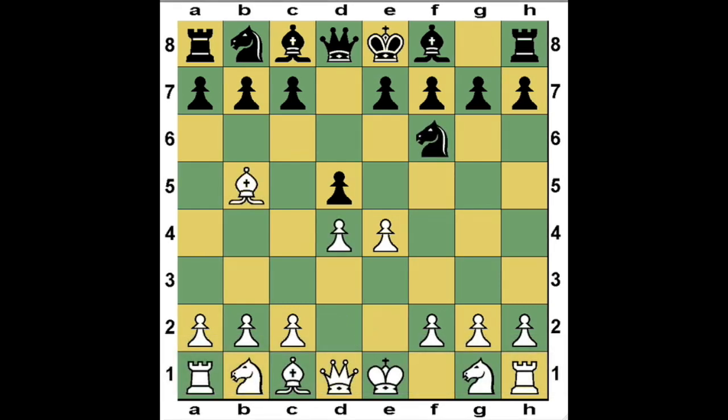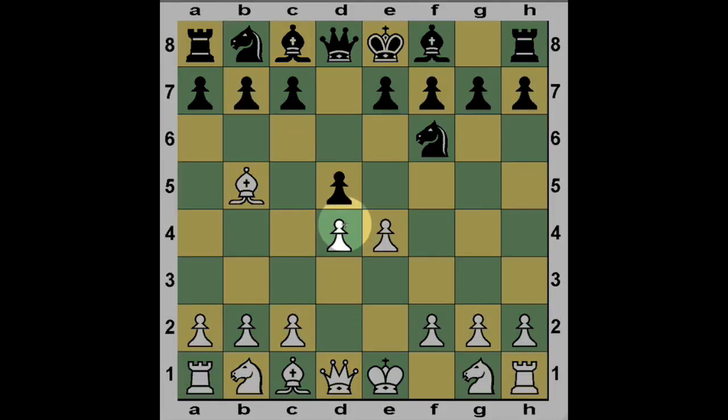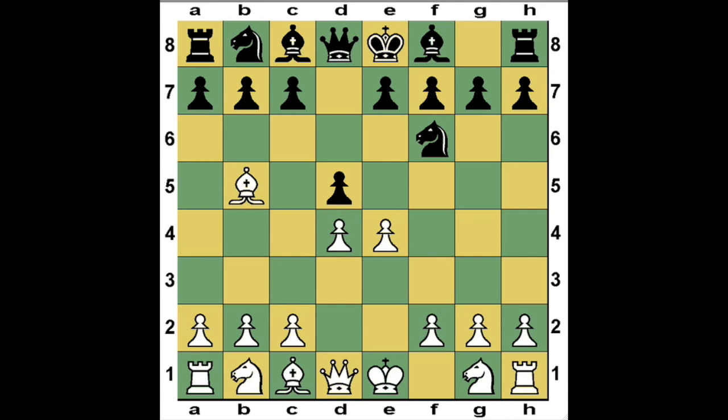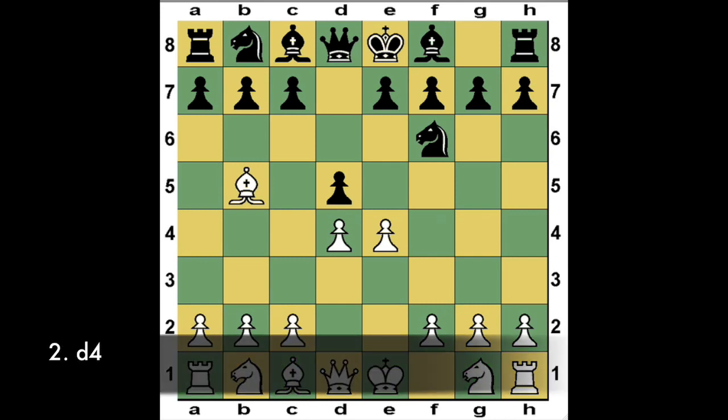Well, we've looked at how the pawn moves are noted. Let's look at how the notation works for moving of the other pieces. We have this position, and a few more moves have been made. White has moved his pawn from D2 to D4, and that would be noted simply as 2.